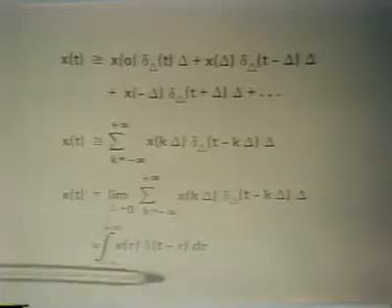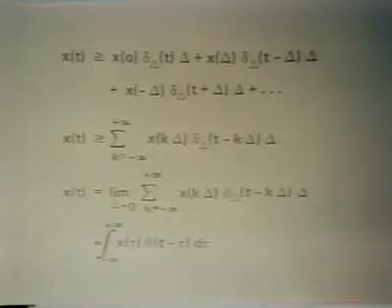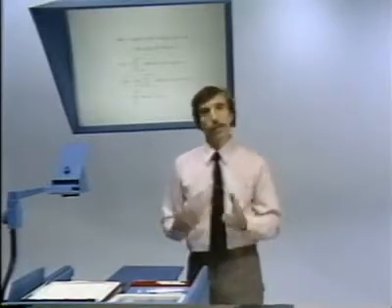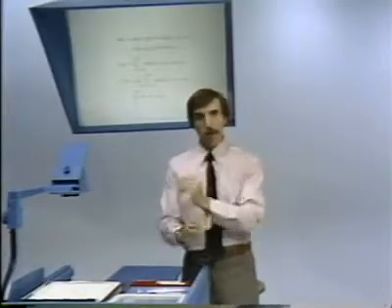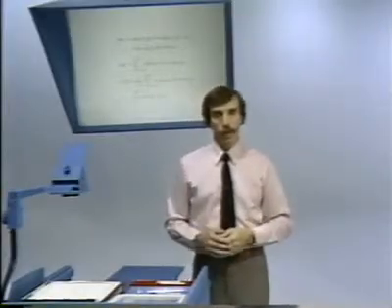This bottom equation, by the way, is often referred to as the sifting integral. In essence, what it says is that if I take a time function, x of t, and put it through that integral, the impulse, as it zips by, generates x of t all over again.